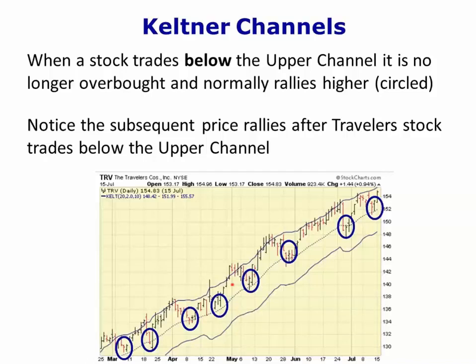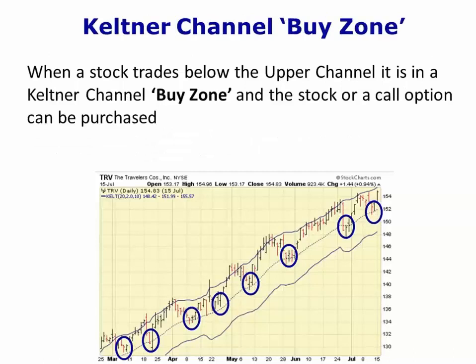So we can see that these Keltner channels have given us several opportunities to enter Travelers stock, which is in a very strong price uptrend. So when a stock trades below the upper channel, it's in the Keltner channel buy zone, and the stock or call option can be purchased.